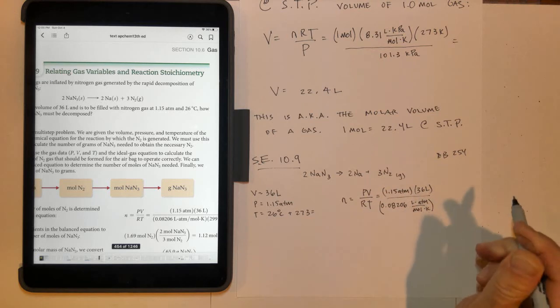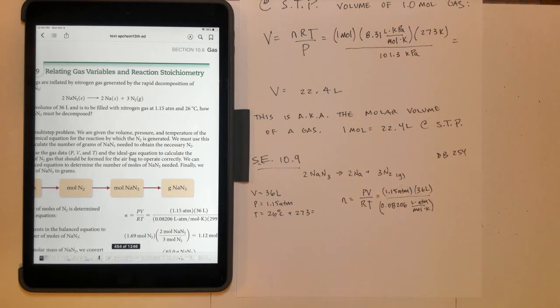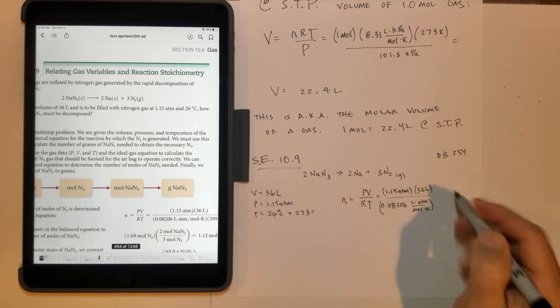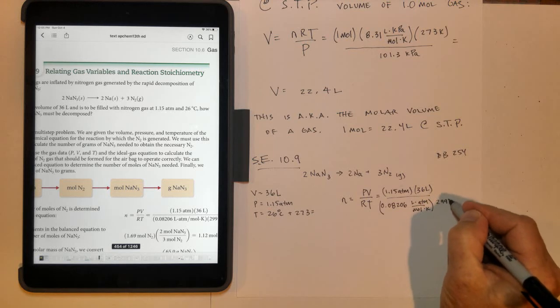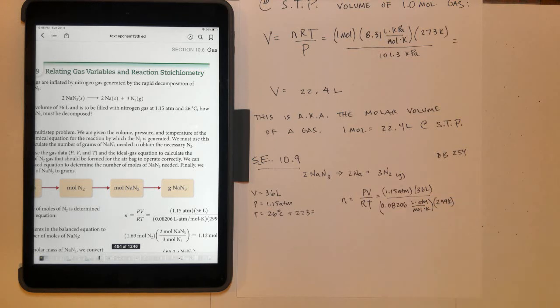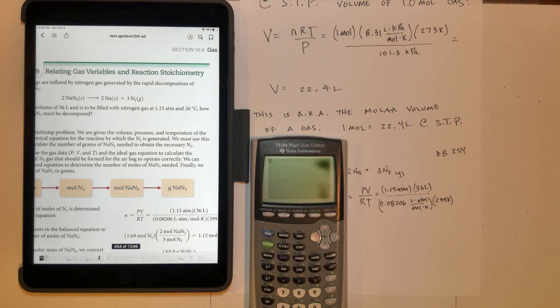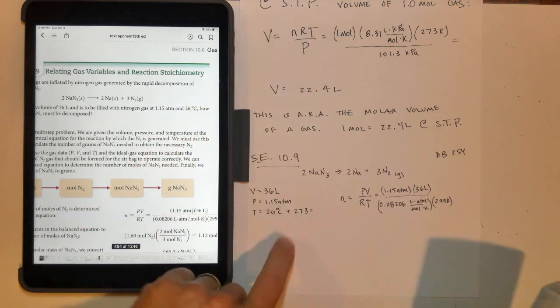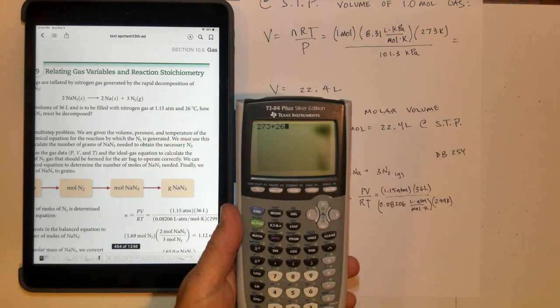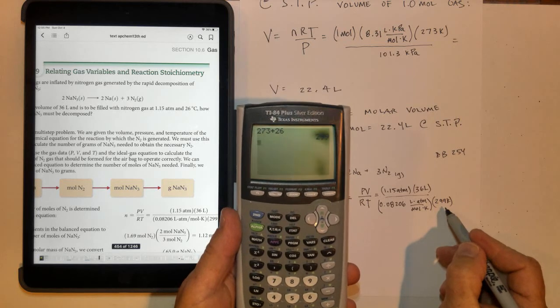And then the temperature would be 273 plus 26, so 299, I think that adds up to. Let's make sure of that in the calculator. So clearing the calculator, first let's do 273 plus the temperature of 26 to make sure I did that right. And I got 299, that's good.